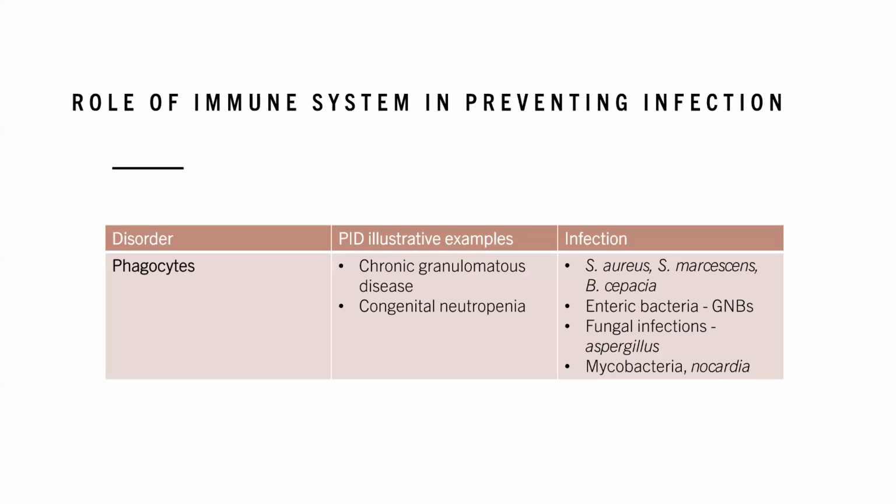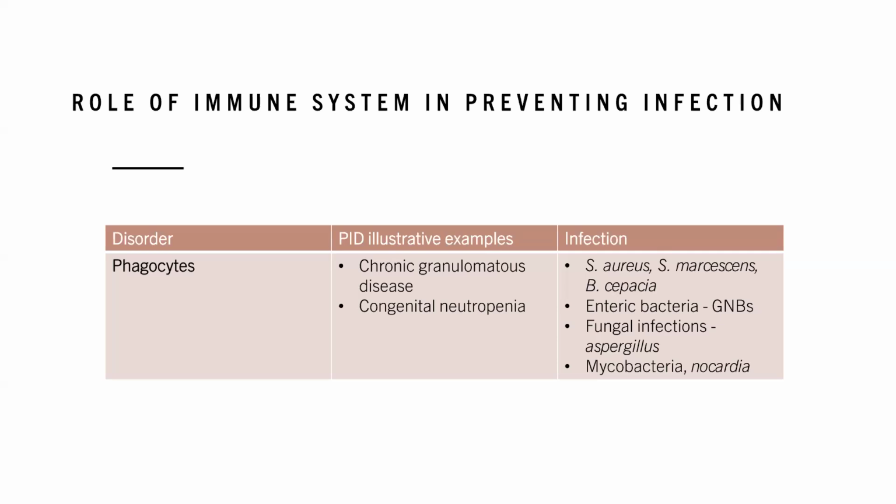So sometimes to understand what your immune system does, the best way is to look at particular primary immune deficiency examples that exist, and then look at how those patients present. So where you've got a disorder of phagocytes, conditions that may mimic that would be things like chronic granulomatous disease, where there's a defect in oxidative burst. So your phagocytes are able to ingest organisms but not kill them because they're not able to activate oxidative burst.